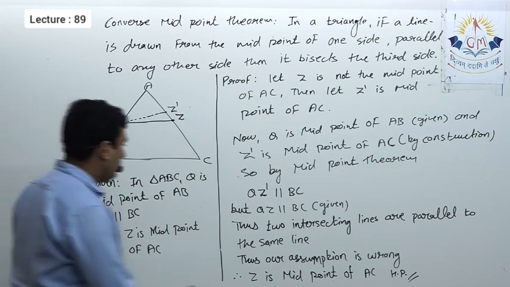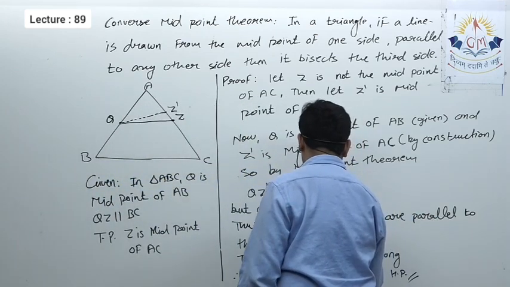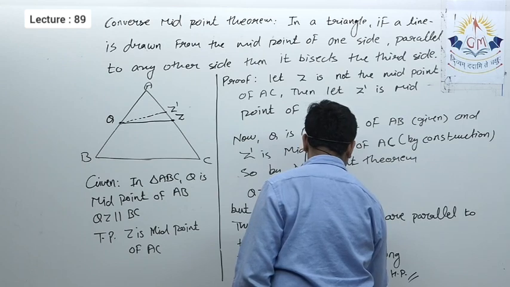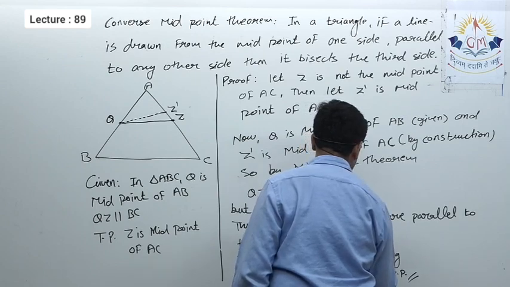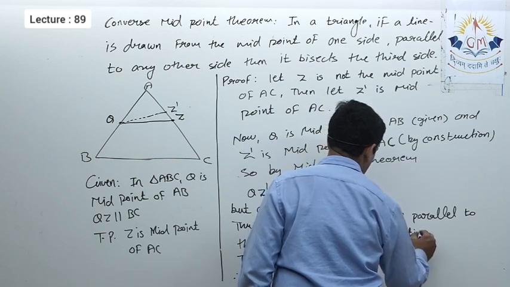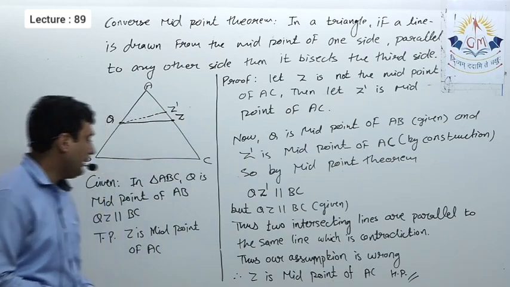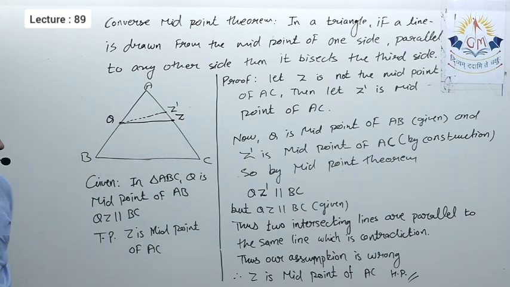If you want to add one more sentence: thus two intersecting lines are parallel to the same line, which is a contradiction. Therefore our assumption was wrong, and hence Z is the midpoint of AC. Hence proved.